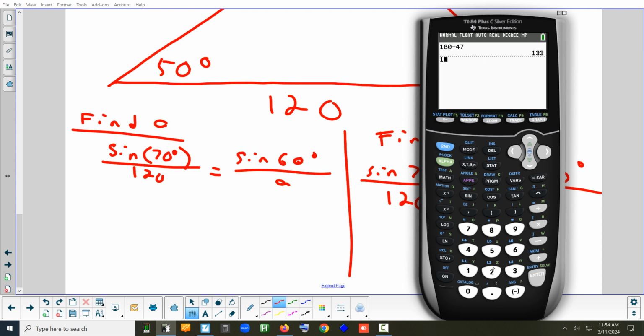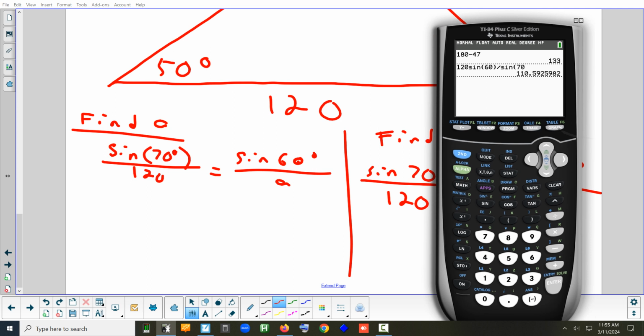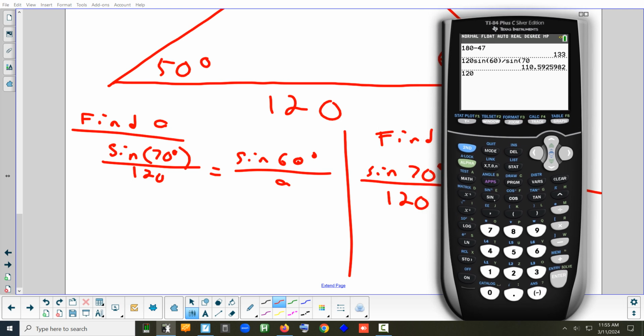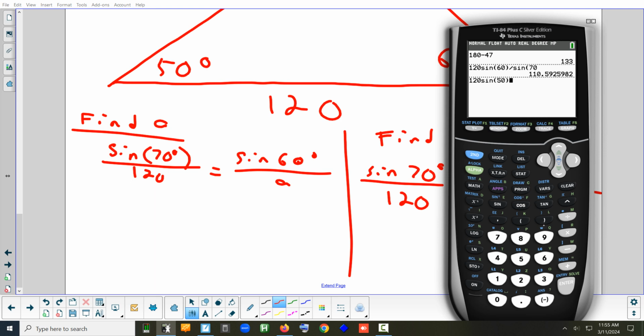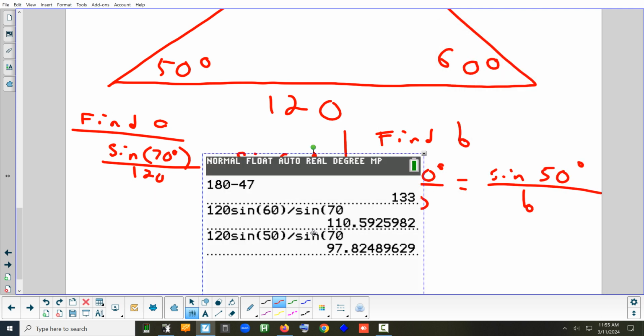So 120 sine 60, and then divide by sine 70. That's the distance for side A, which I think was Zulu to the boat. And side B is 120 sine 50 divided by sine 70. So there's both your distances.